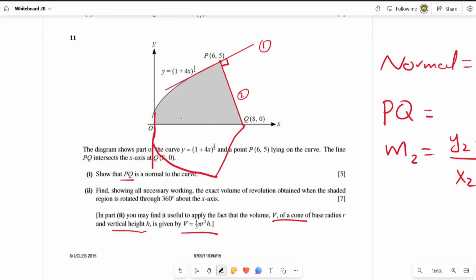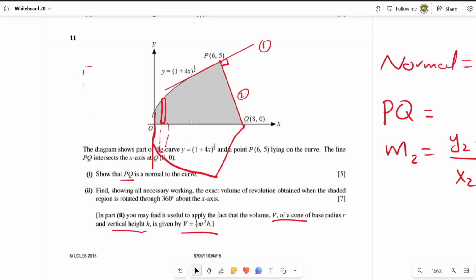But basically, to do that, you need to divide your shape into small regions and think about these regions rotated. And when every region is rotated, it's going to give you a shape that looks like a disk, something like this. And then we find the volume of this disk, and using integration, add up all the disks together, and that's going to give us the volume.